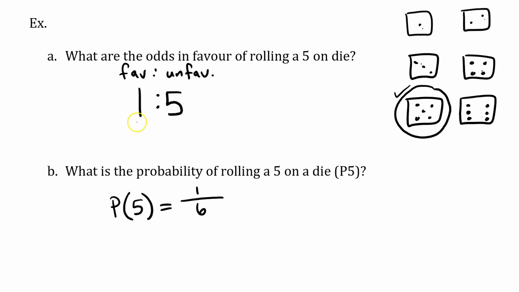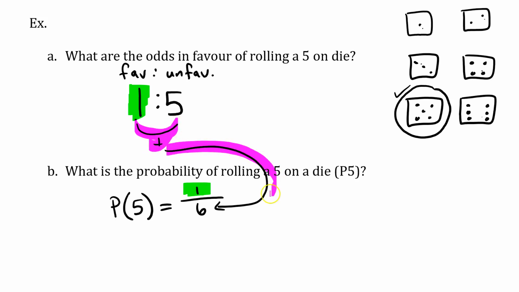Well, look at this, folks. 1 plus 5 is going to be our 6. That's the relation here. When we're talking about odds in favor, the 1 is the same thing as this 1. And when you add the unfavorable outcomes and the favorable outcomes together, you have your total number of outcomes.